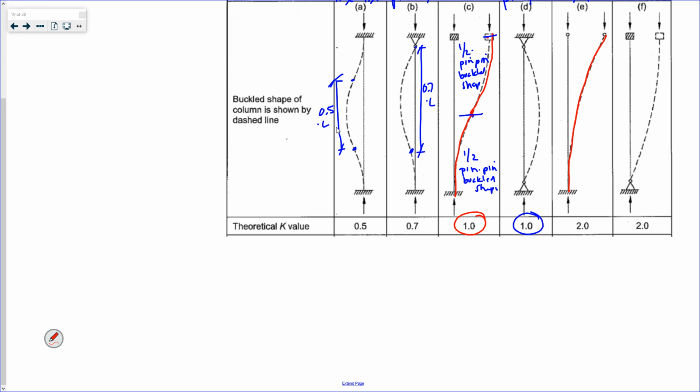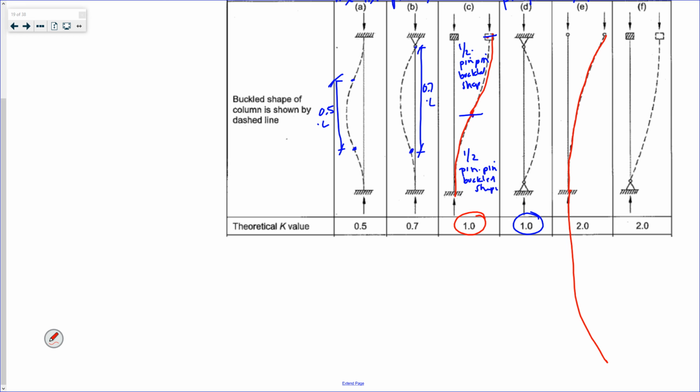So to get the full Euler buckling shape, you have to do another half like that. So it's actually 2. Having something that's fixed-free, you can only have half as much length.